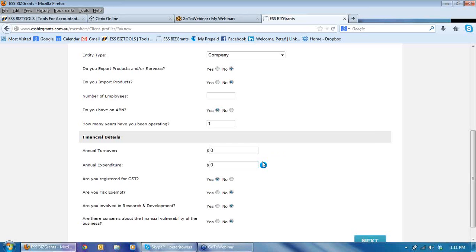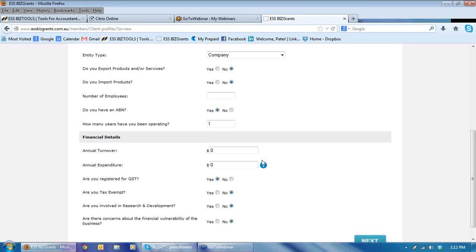If the company does not achieve the turnover requirement, but it achieves the same dollar figure in expenditure, in other words $1.5 million or more, then that entity could be eligible for Enterprise Connect. There are some examples where that may have occurred.